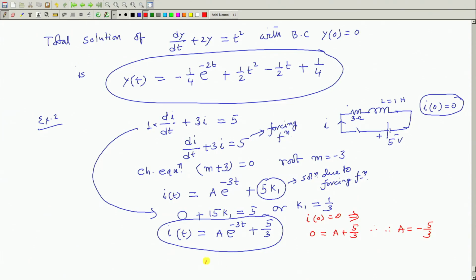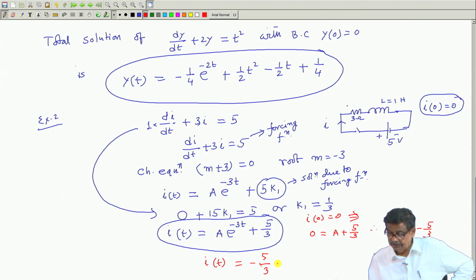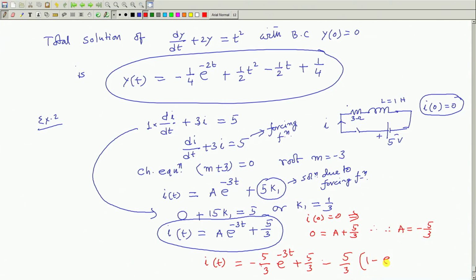So, what will be the total solution? I(t) will be equal to minus 5 by 3 e to the power minus 3t plus 5 by 3, which is equal to 5 by 3 taking common, 1 minus e to the power minus 3t, and it is consistent.